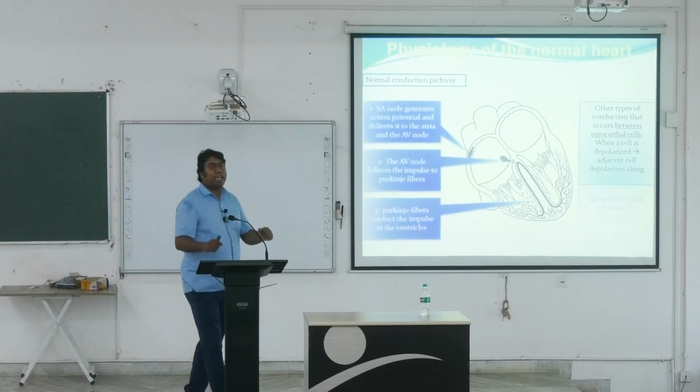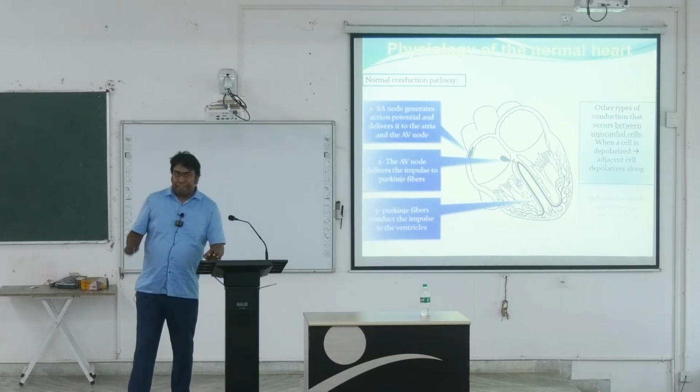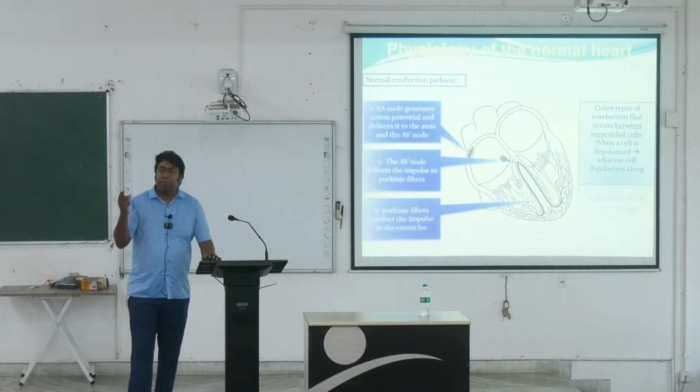So why is it very important to treat arrhythmias? Because if arrhythmia is conducted to the left ventricle, suppose it is stimulated 130, 140 times in a minute, what will be the difficulty? What is the abnormality that leads to death of the patient? Why is it an emergency? If the left ventricle contracts 130 times in a minute, there will be a fibrillation type of thing.